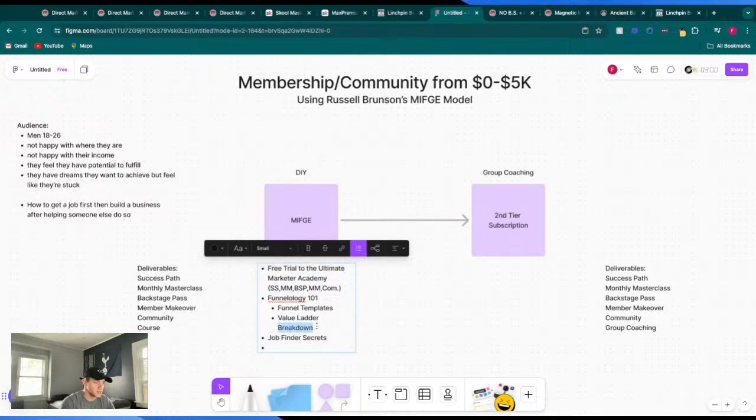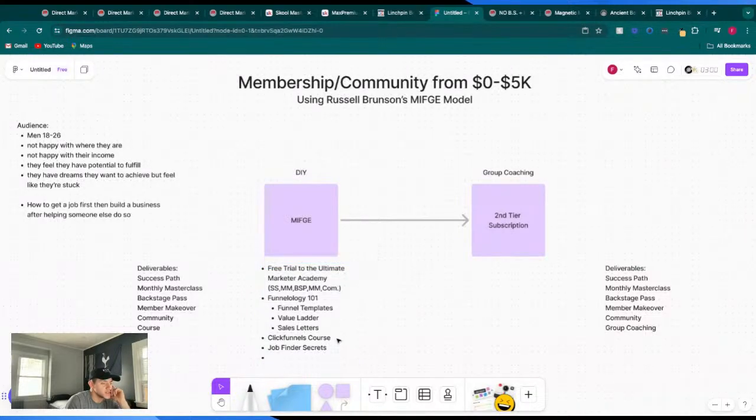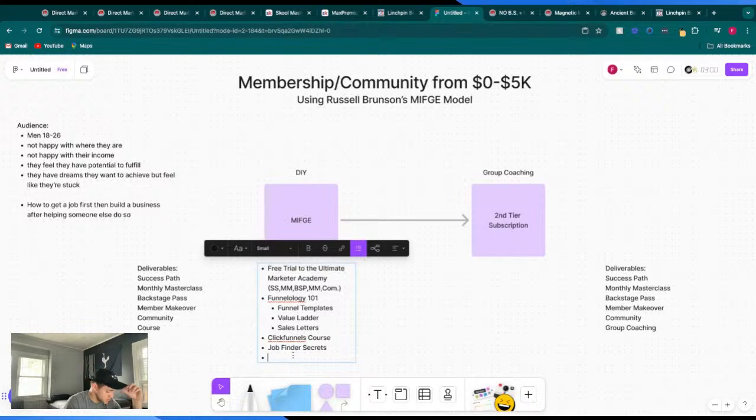Value ladder, they would have to understand sales letters. And then I guess we could include a ClickFunnels course, because it's not the same, like how to navigate ClickFunnels, which, I mean, a lot of stuff I could just find on YouTube and just make my own twist on it. So that should be easy enough.